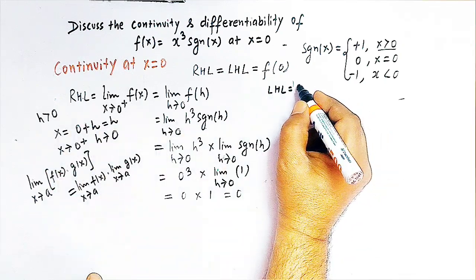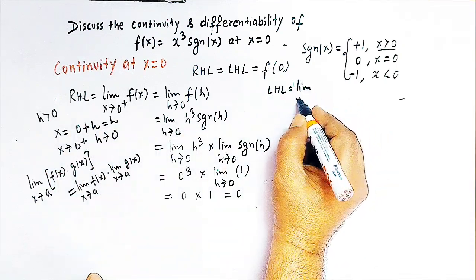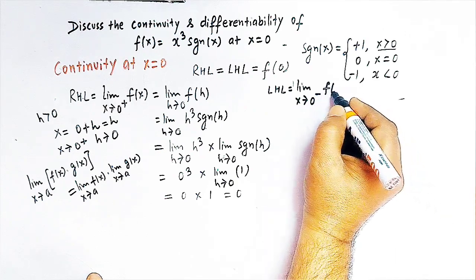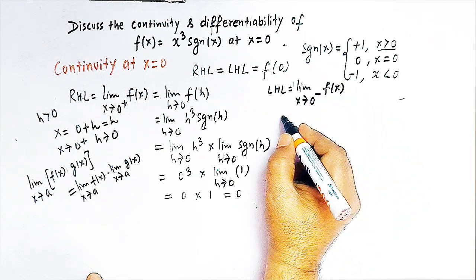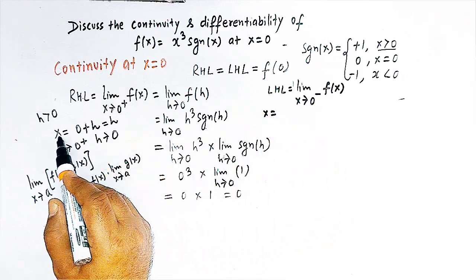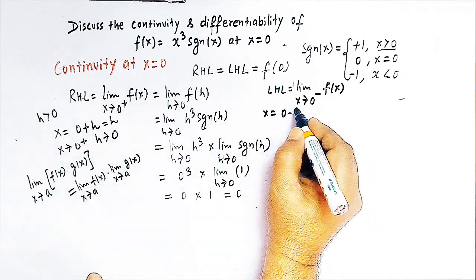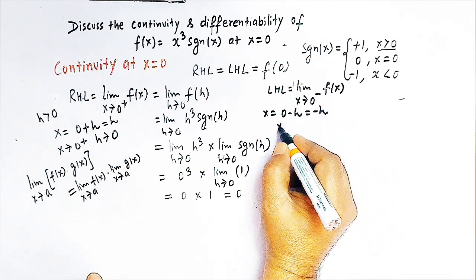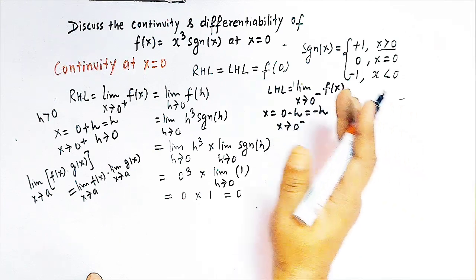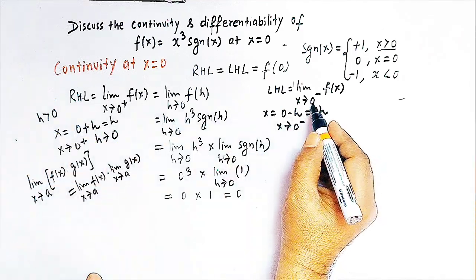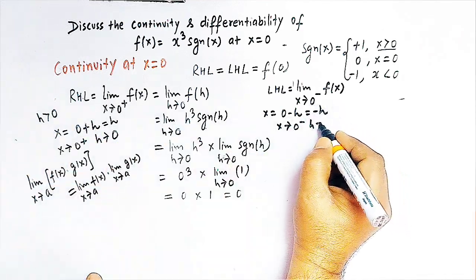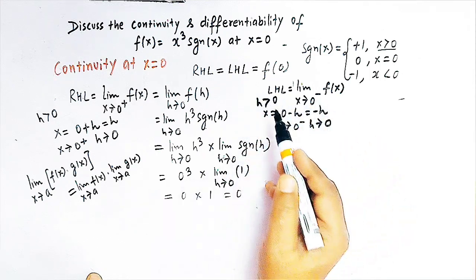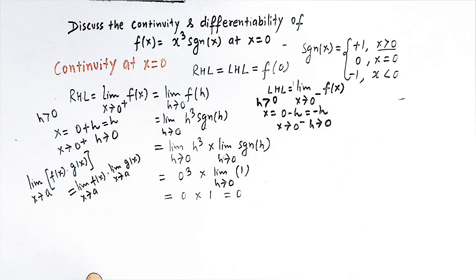The notation for left hand limit is limit x tends to 0 with a negative sign, of f of x. Now here we'll take x equal to 0 minus h, that is simply minus h, and when x tends to 0 from the left, then h tends to 0, and obviously h is a positive quantity, that is greater than 0.